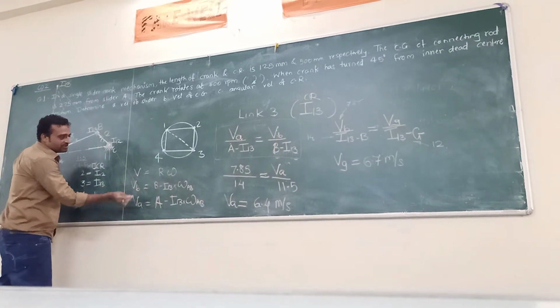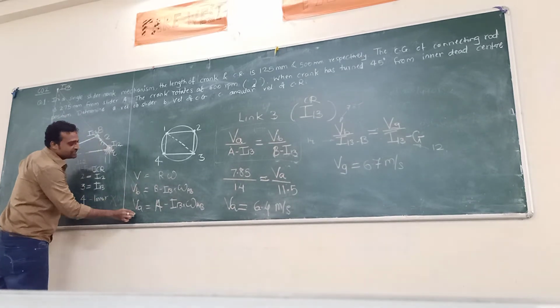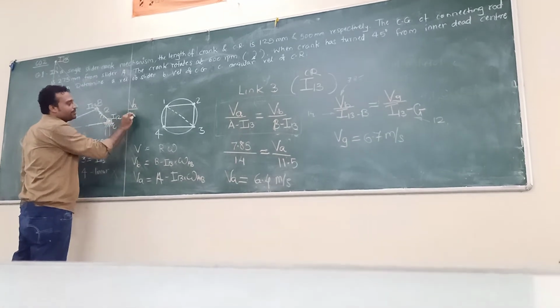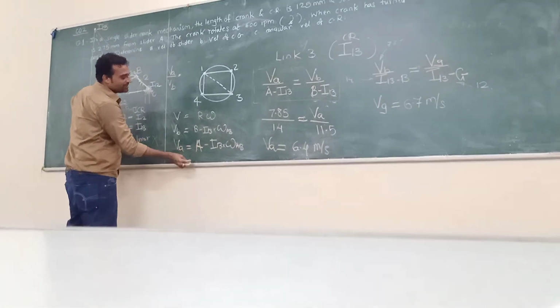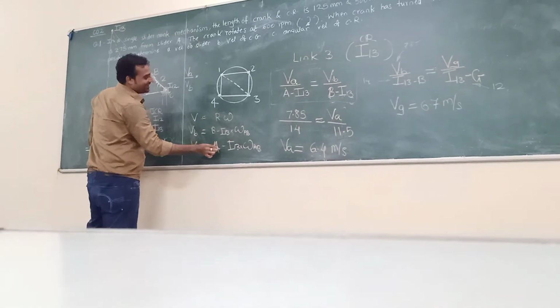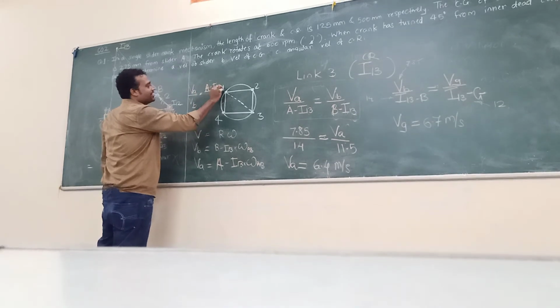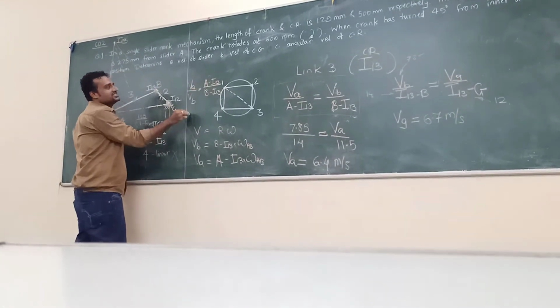Here we can take the ratio and write VA upon VB is equal to A I13 divided by B I13, and we can rearrange these terms.